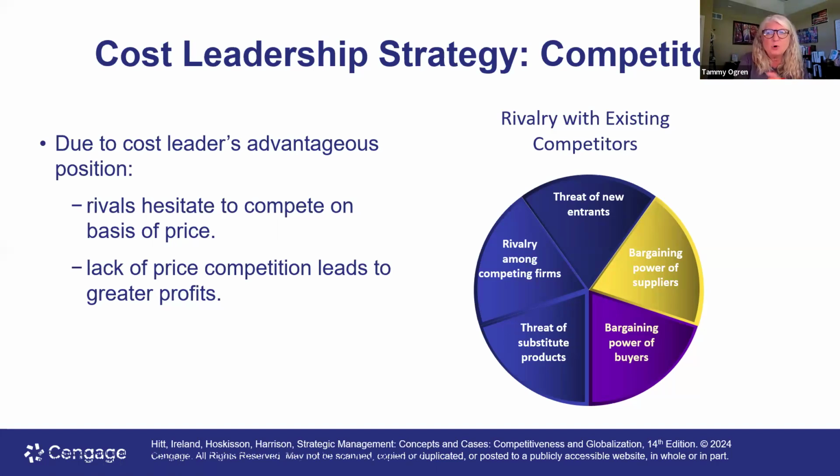And in a price war, I have to earn more profits by saving money wherever I can. So that low cost position is a valuable defense against my rivals, but it means as far as suppliers, I have to really be good at negotiating and really watch for where I can save money related to suppliers.